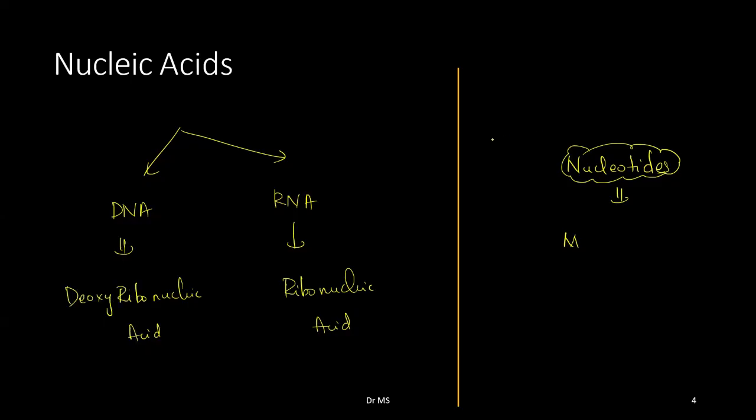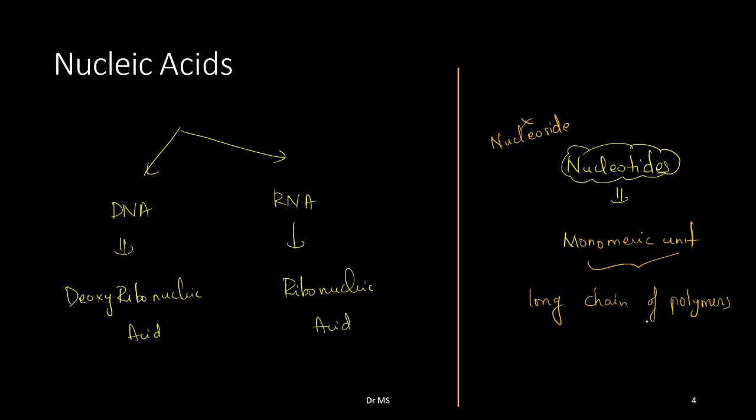A nucleoside is not a monomer; a nucleotide is a monomer. This monomeric unit forms a long chain of polymers, which will make the nucleic acids.